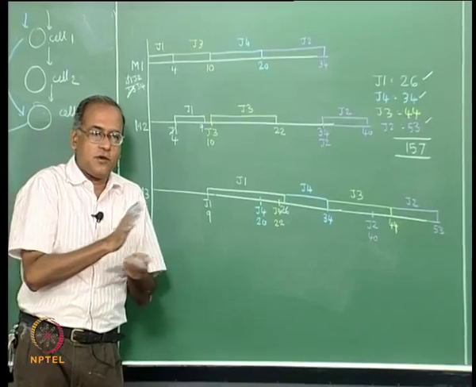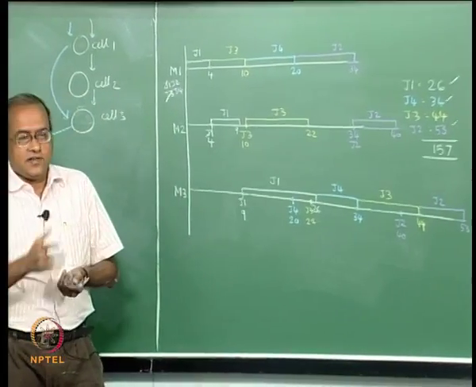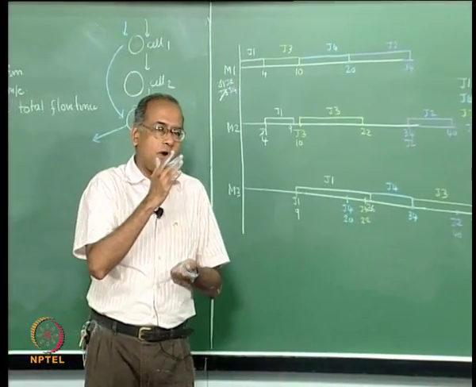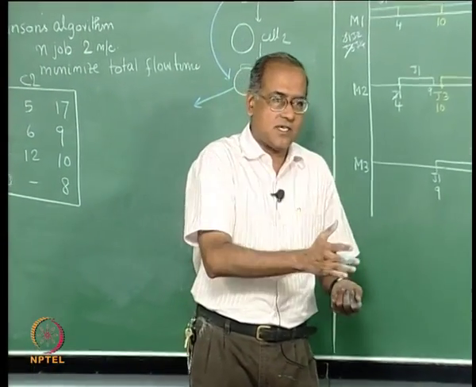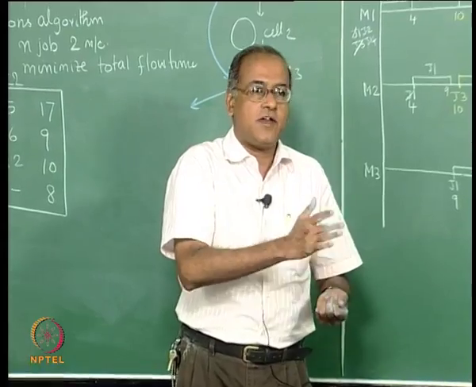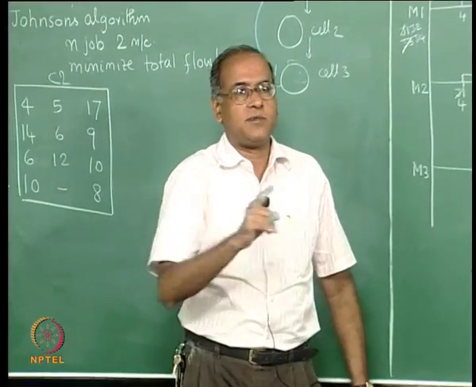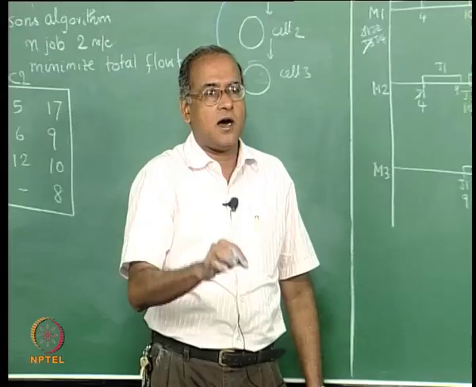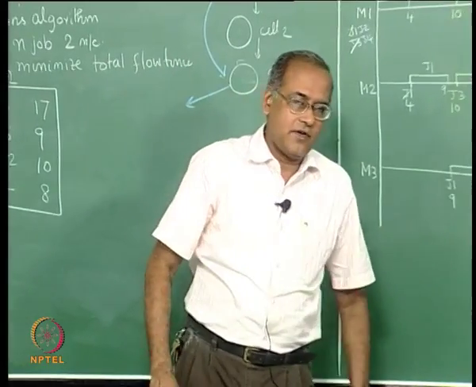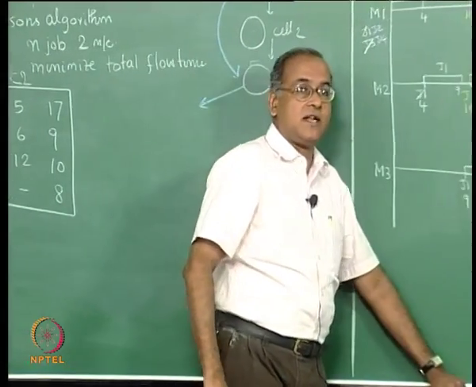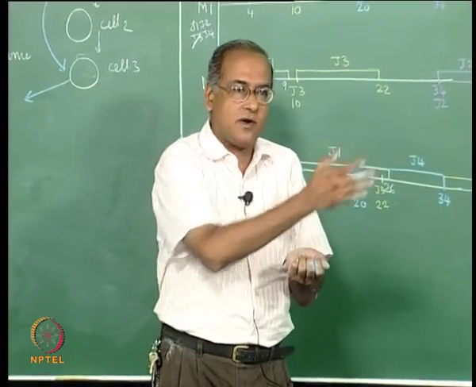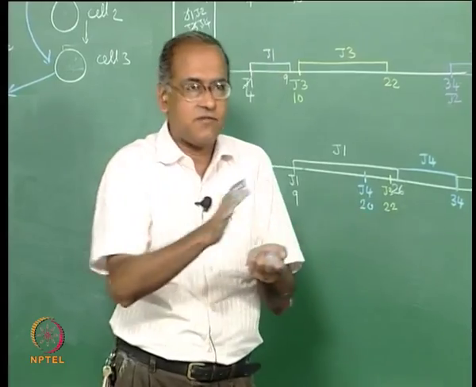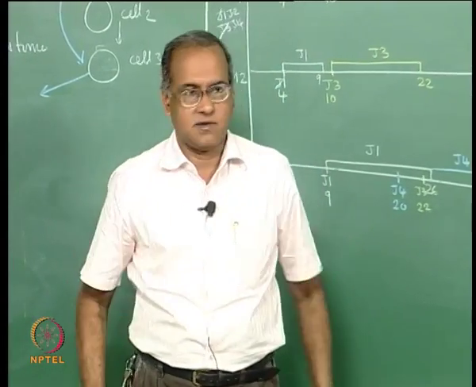The rules that we have used consistently are, if the machine is free and there is only one job waiting in front of it, we will load that job, we will not keep the machine idle. That is called a non-delay schedule. We will not keep a machine idle in the hope that if some other job that is going to come later is done first, we can get a better answer.